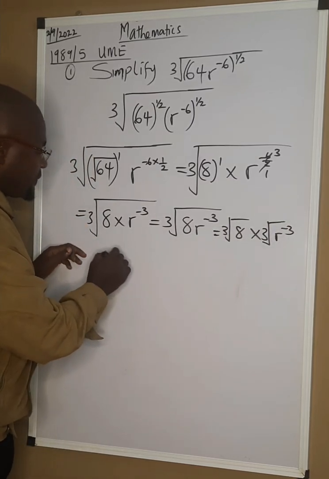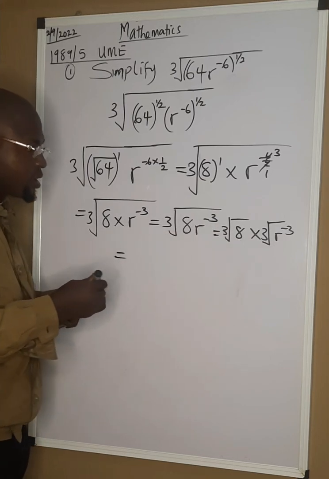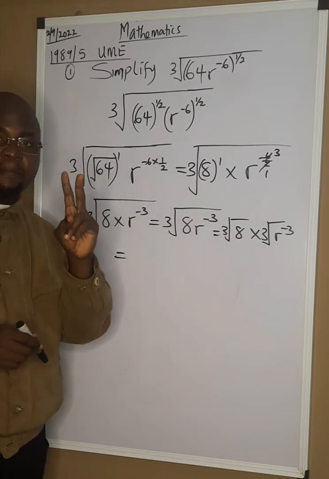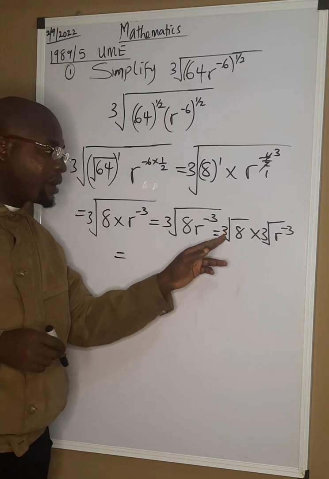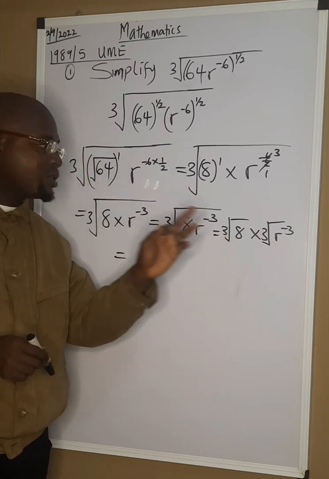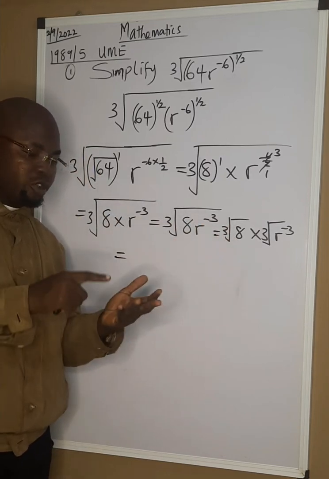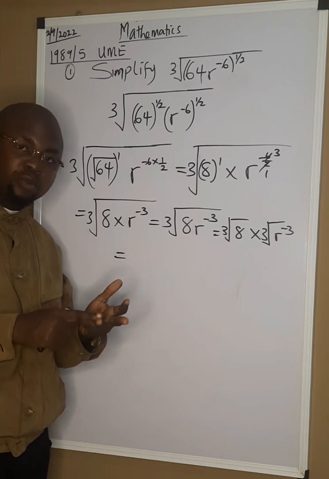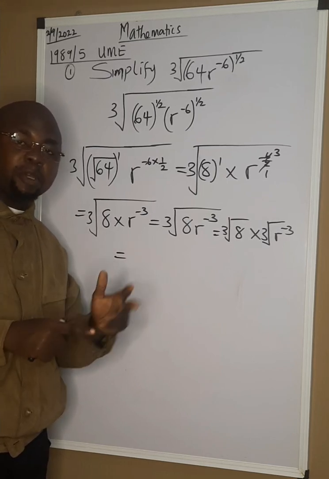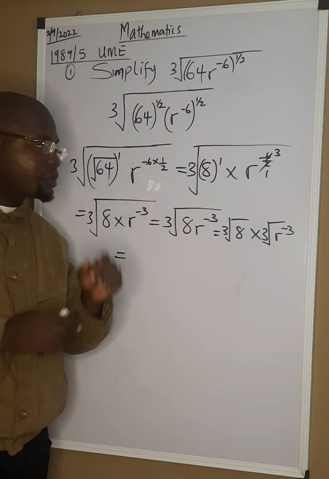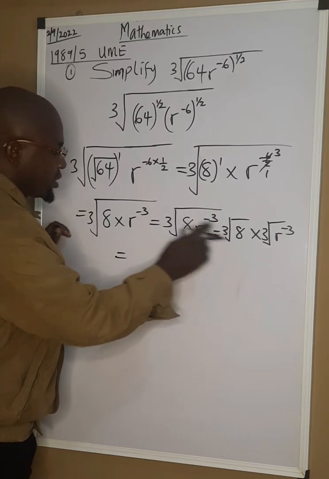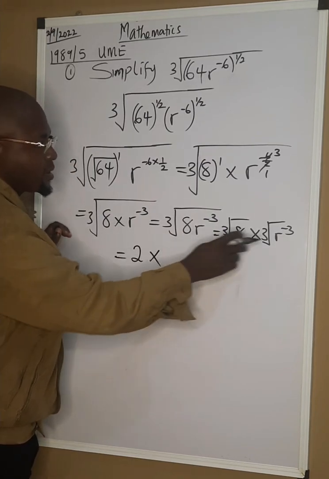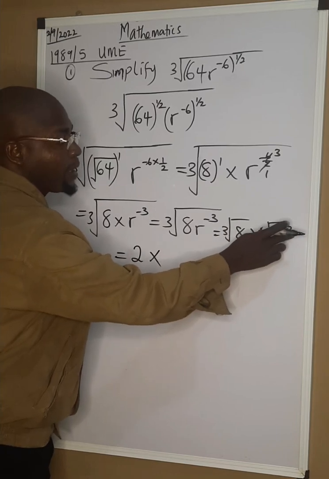The cube root of 8 means you look for a number that when you multiply it 3 times, you get 8. It means 2 times 2 times 2 becomes 8. You pick only 1, 2. So the cube root of 8 becomes 2, times the cube root of r^3.